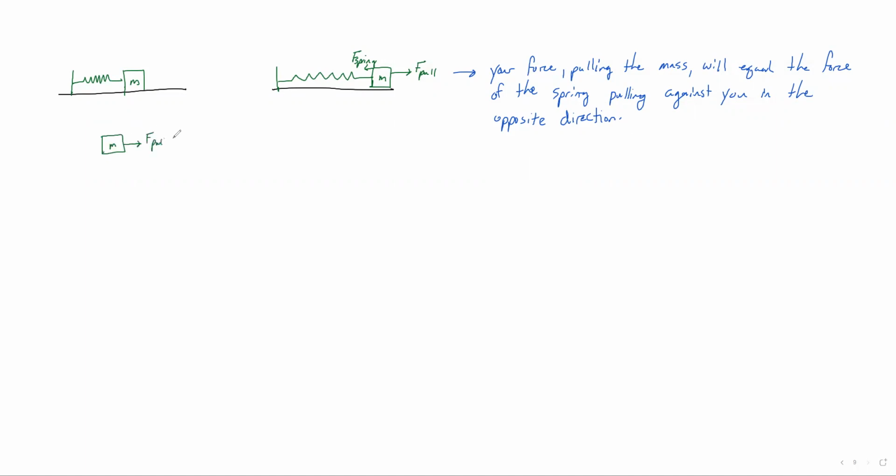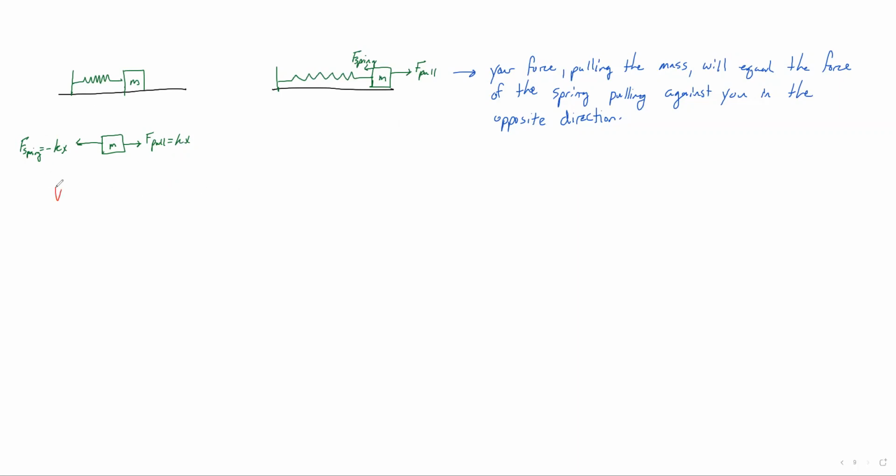F of the pull is going to be kx, where here you'll have F of the spring is negative kx, right? So it's the same value, it's just the opposite direction. Newton's third law. So that should be pretty self-explanatory. Okay, well, that just sets up what the problem looks like.